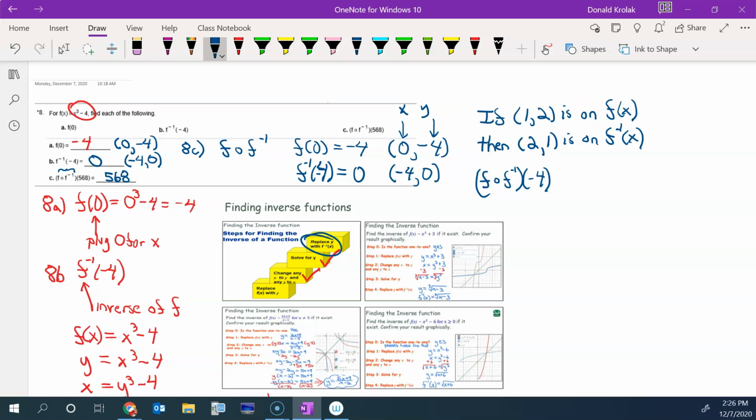Here's what's going to happen. It's going to take negative 4 and change it into a 0. Then it's going to go into regular f, and it's going to change it back into negative 4. If I did it with little machines here, this is the inverse.